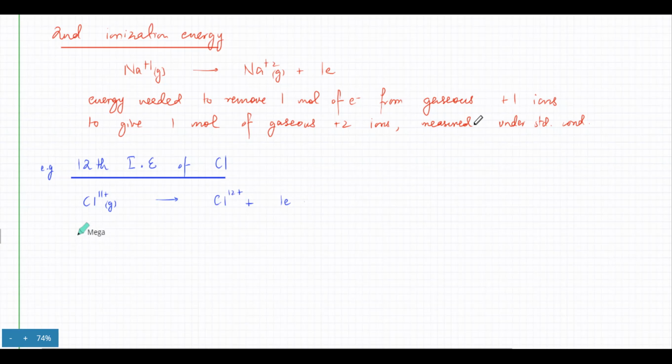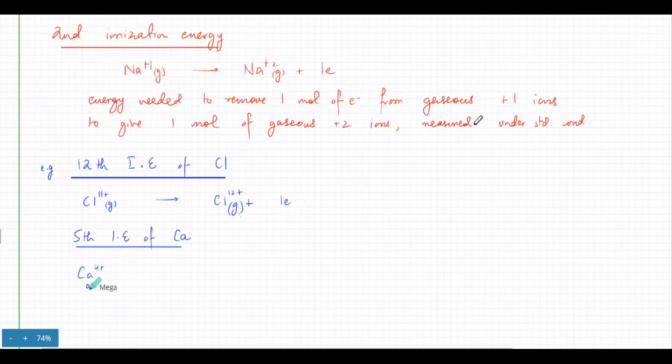Similarly, if it's the 5th ionization energy of, let's say, calcium. Remember to write the states. When you're writing the equation, you're going to lose marks if you don't write the state. It's the 5th ionization energy of calcium. That means 4 electrons have already been removed.